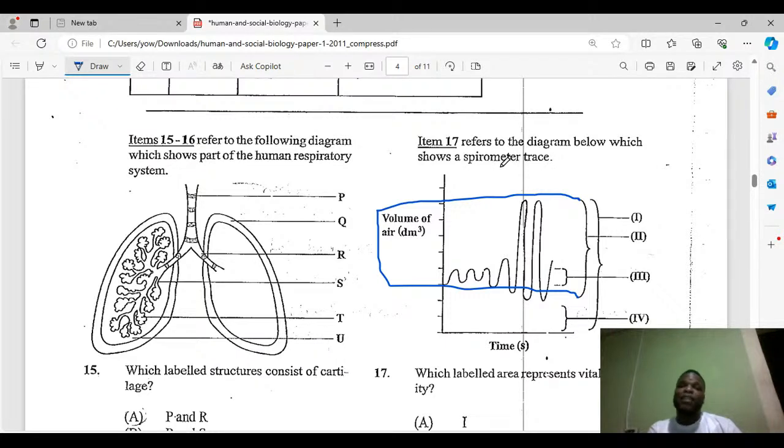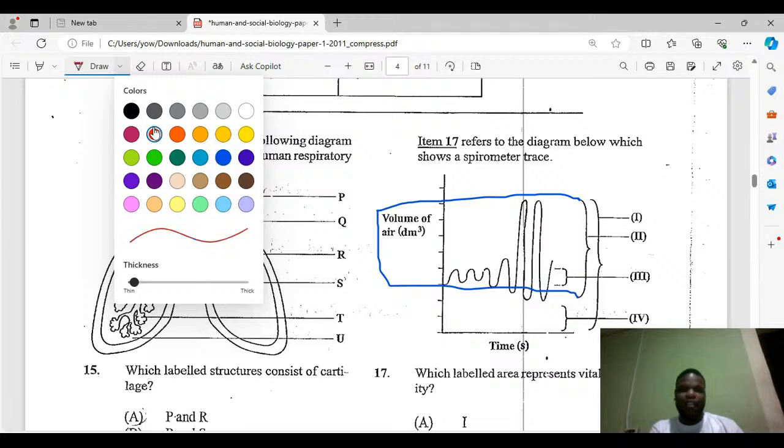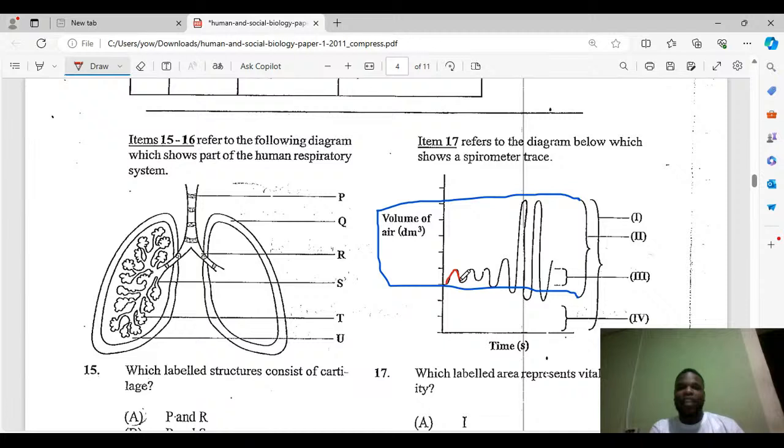A spirometer measures how much air the lungs can take in and take out, how much air you can breathe in and breathe out. And this spirometer is showing you the volume of air that is breathed in and out. So from here to here is showing normal breathing.